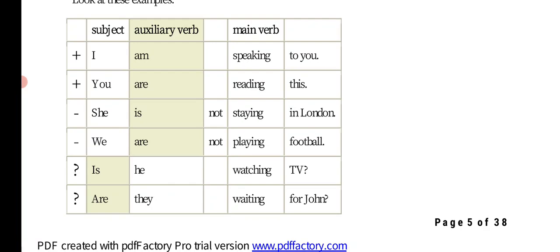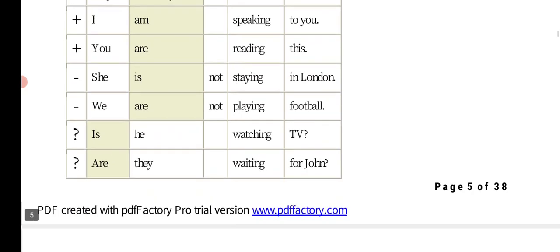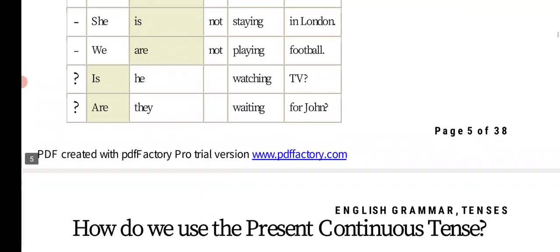We'll study later what interrogative sentences are. But is he watching TV? Again, we're asking a question, but it seems that this action is being done and happening at the time of speaking. Are they waiting for John?